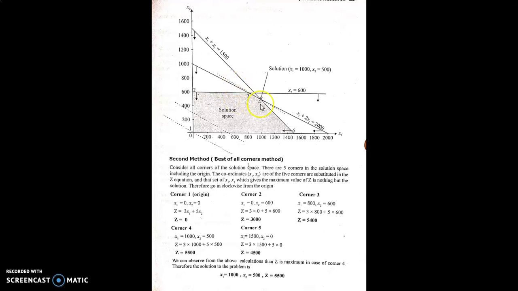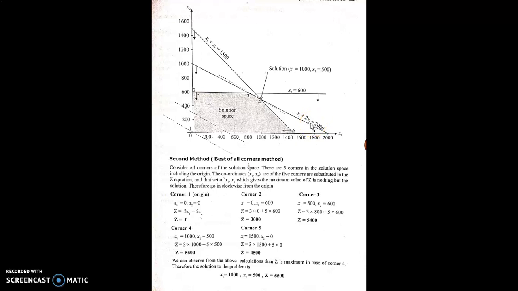See the first equation, x1 plus 2x2, which was less than or equal to 200, isn't it? By replacing the inequality sign with an equal sign, we have eliminated the inequality sign. This is actually less than or equal to 2000.